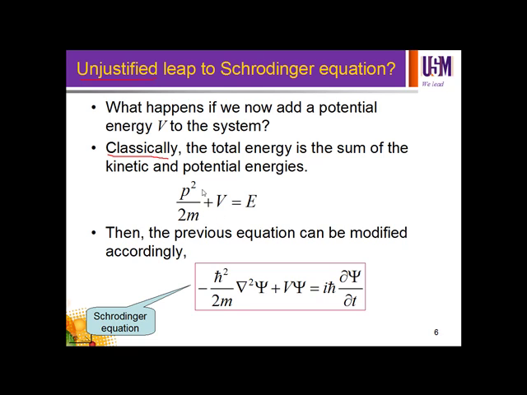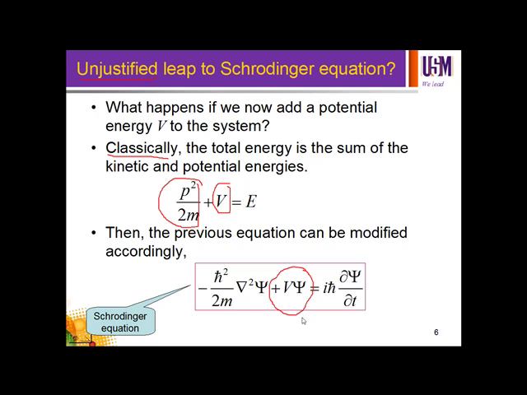So this is the kinetic energy, this is the potential energy. So in classical mechanics, we have total energy equal to potential energy plus kinetic energy. Then why not have one formula with the term potential here?